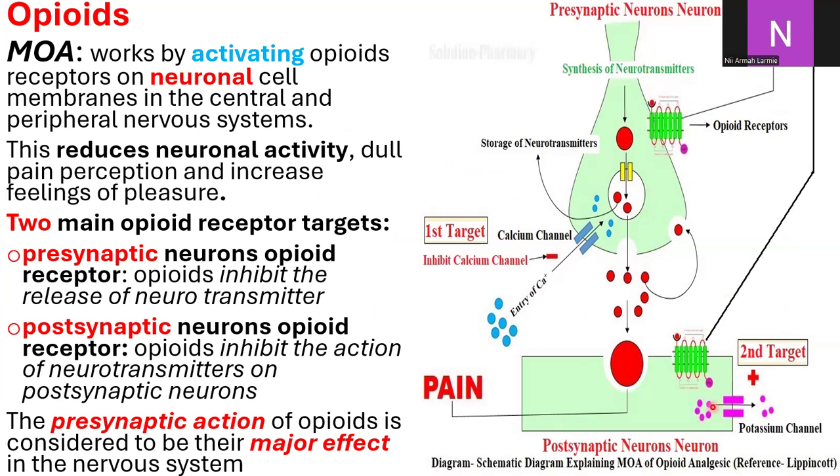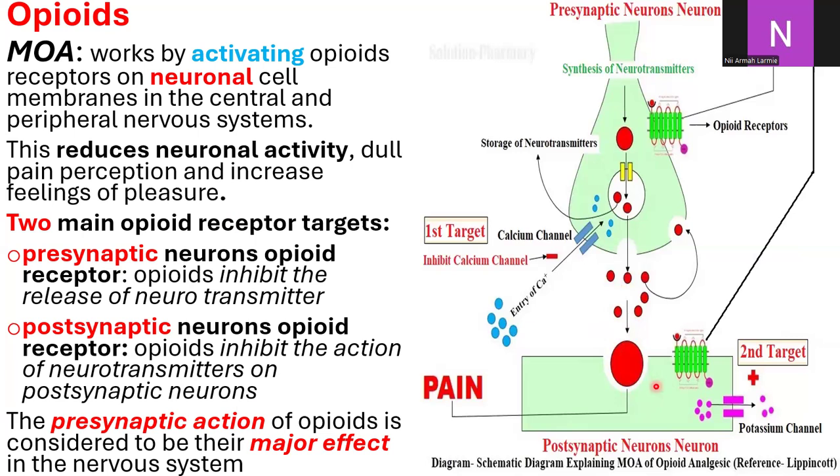The activation of the postsynaptic receptor, on the other hand, also inhibits the action of the neurotransmitter at the postsynaptic neuron. So basically, opioids work on both presynaptic and postsynaptic neurons. At the presynaptic level, they inhibit the release of neurotransmitters. At the postsynaptic level, they inhibit the action of the neurotransmitter.